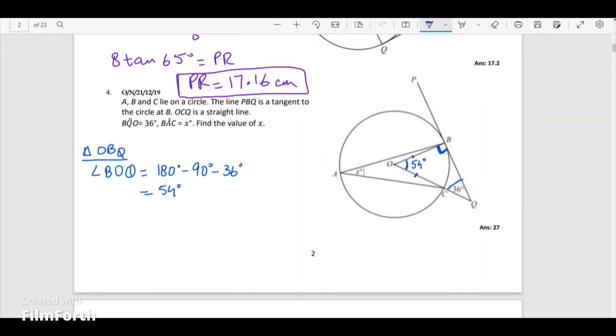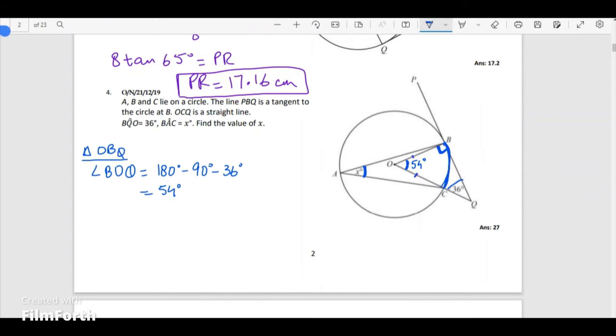We had to find angle X, which is right here. Again, note that this angle X is being made by the same arc that's making this 54 degrees angle at the center, and the arc I'm talking about is BC, this arc. The same arc is making both of these angles, one at the center, one at the circumference.